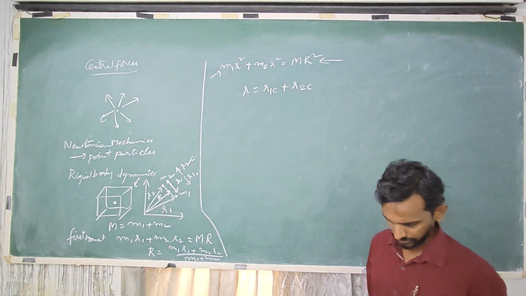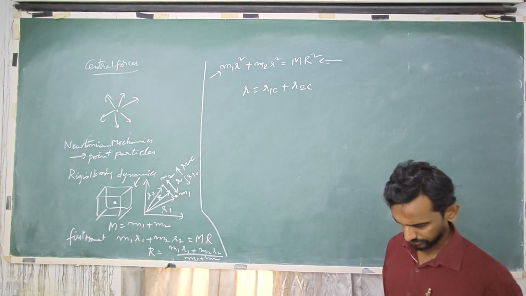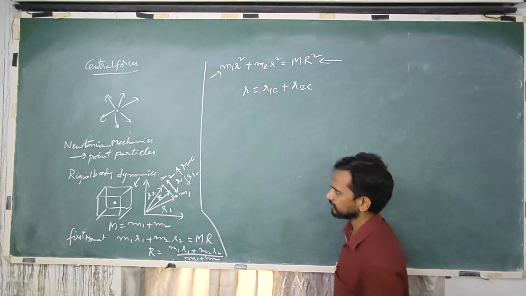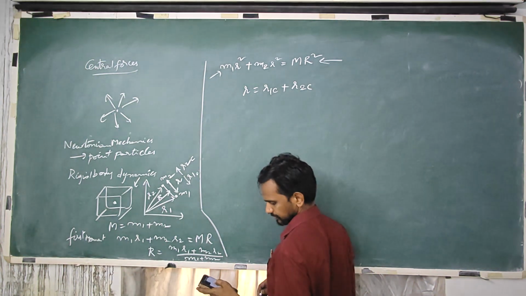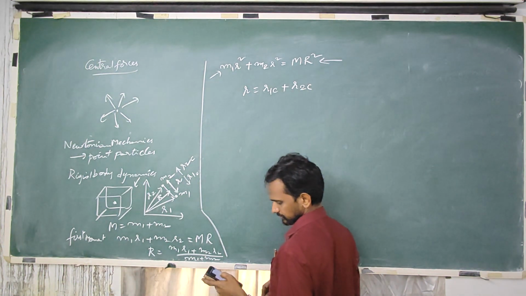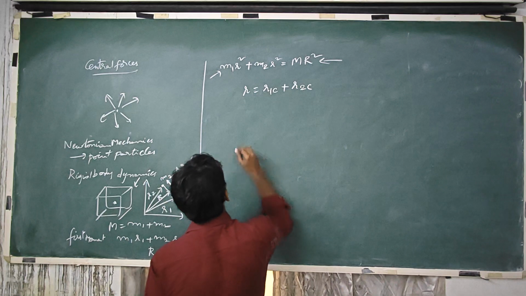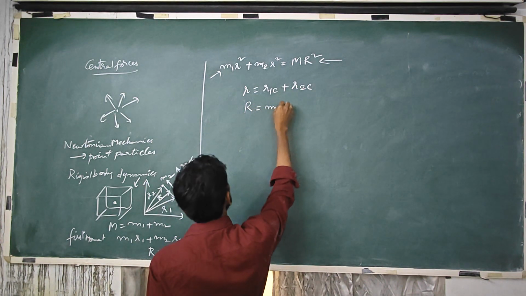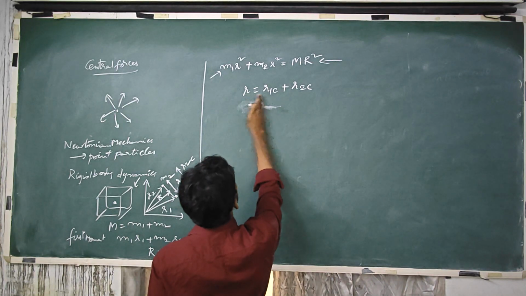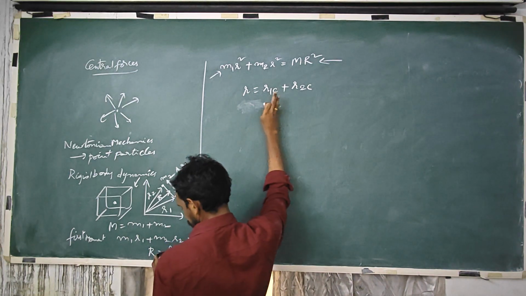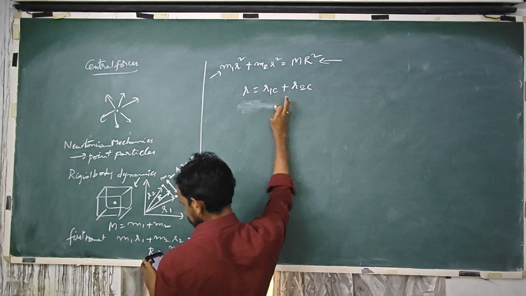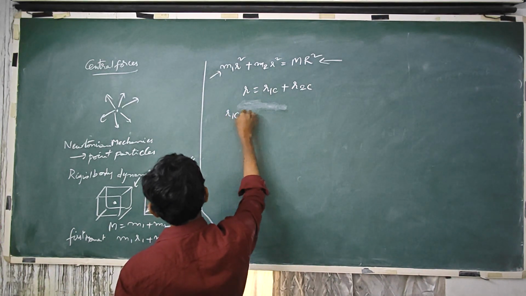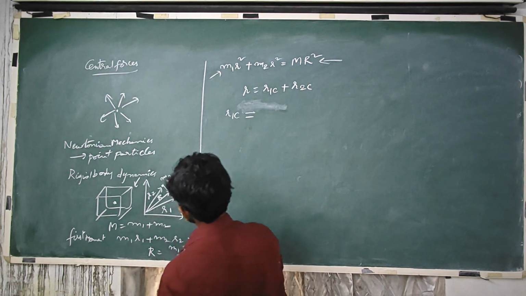So the distance of the first object from the center of mass, how to get that?